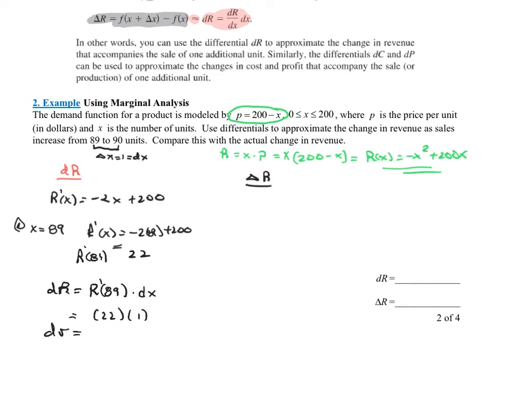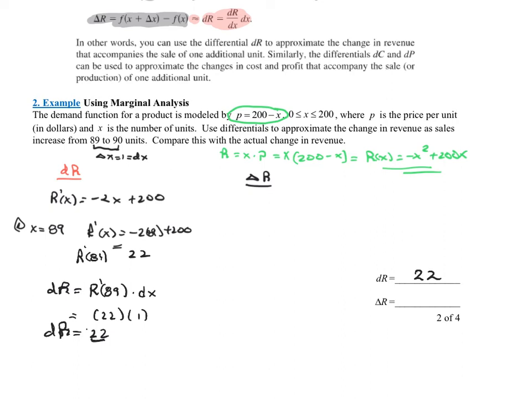So our estimated change in revenue is an increase of $22. That's from the sale of the 89th to the 90th unit: my revenue should increase by $22.